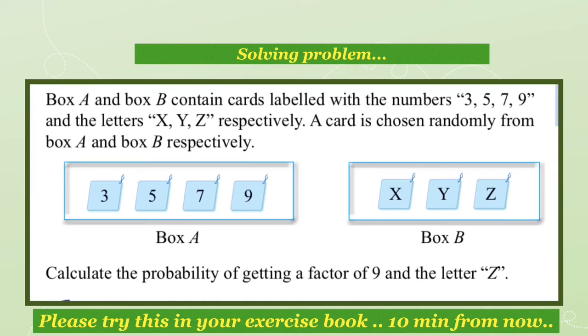So for box A you have 3, 5, 7, 9. And for box B, you got X, Y, and Z. So calculate the probability of getting a factor of 9 and the letter Z. Okay, please try this in your exercise book 10 minutes from now on. Good luck.